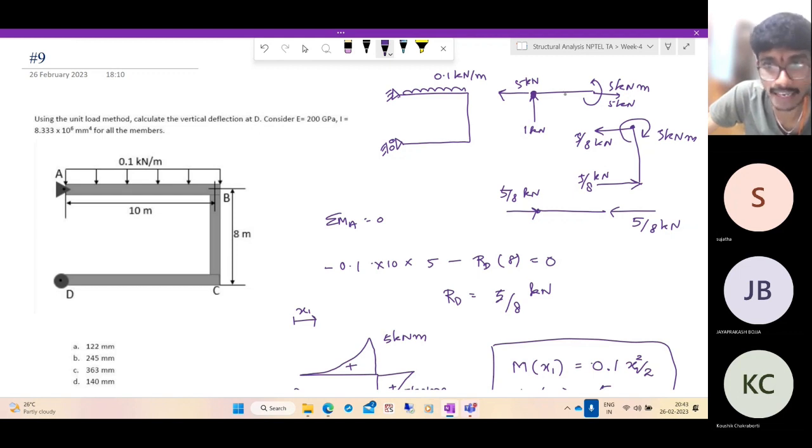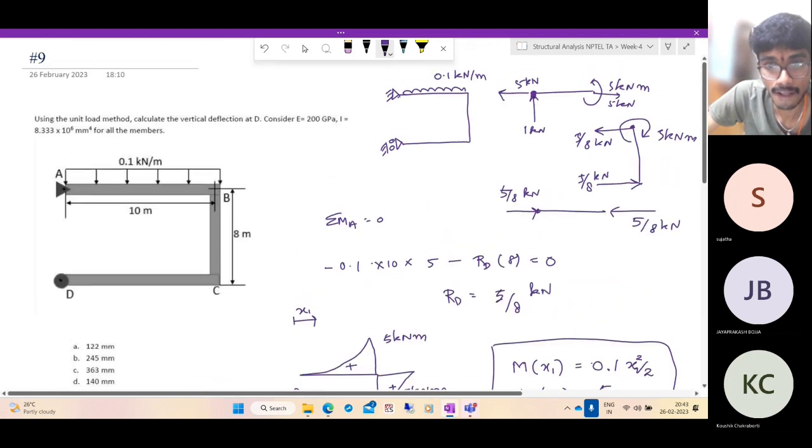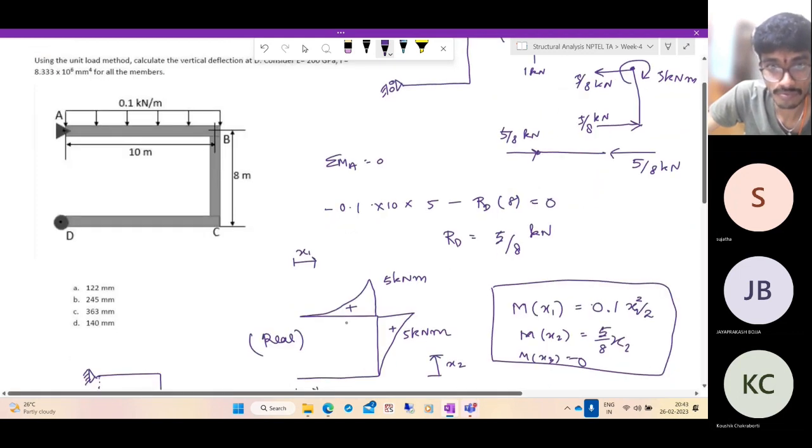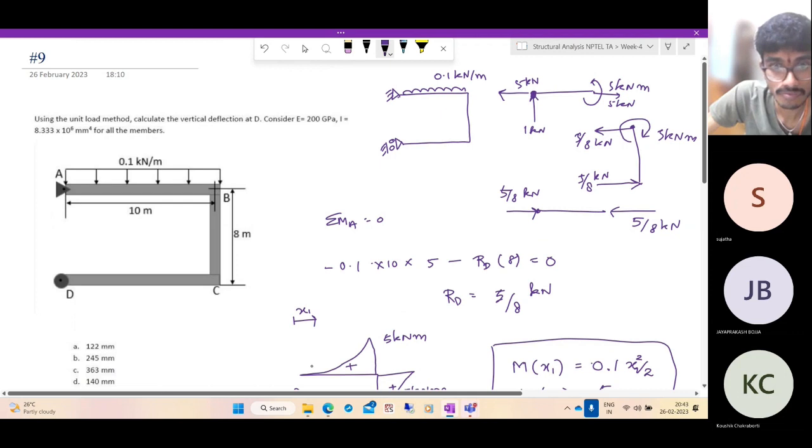Okay. Sorry, there's a mistake here. So there is a 1 kilonewton that I have missed out. The shear force here is not 0, right?